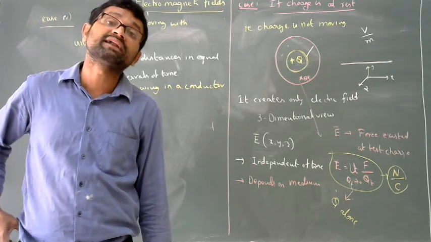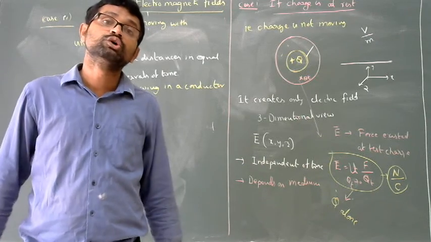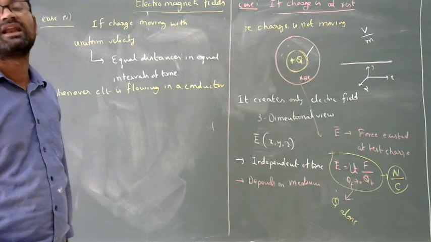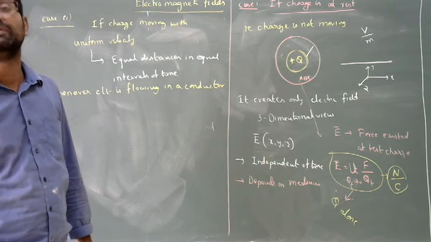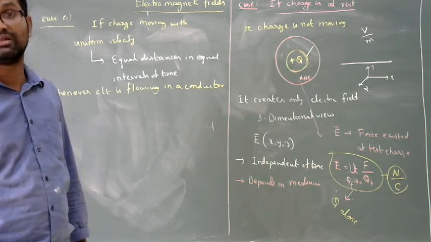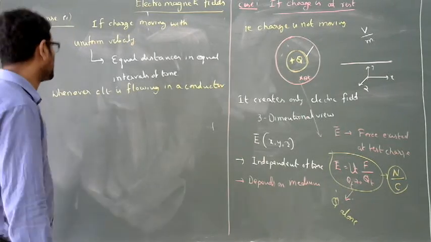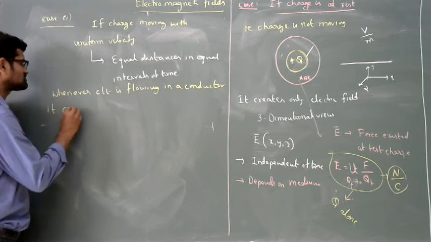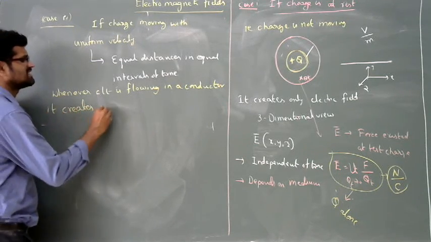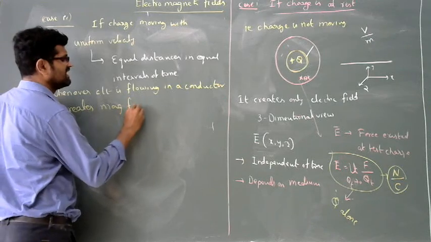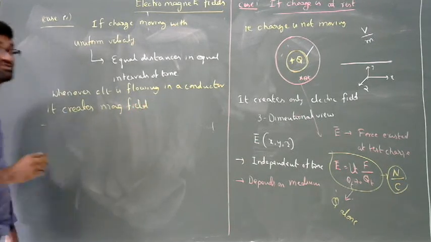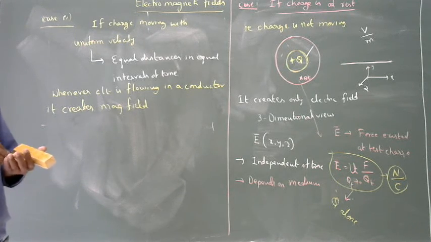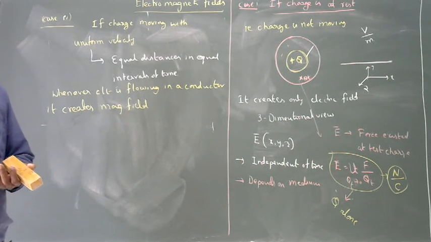To increase the magnetism, we provide magnetic material like iron, silicon steel, anything to increase the magnetism. Every current carrying conductor is a magnet. So whenever current flows through the conductor, it creates a magnetic field. Those currents are moving in a direction with constant speed, so a constant magnetic field will develop.